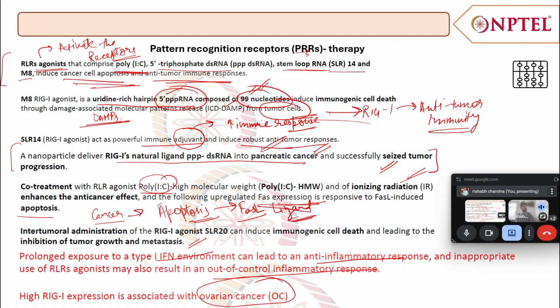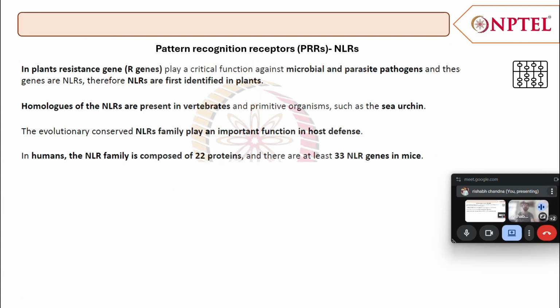Okay. Now we'll move on to the third type of receptors, that are nod-like receptors, or the NLRs. NLRs were first identified in plants as plant resistance genes. Those are called R genes in plants, and they had a critical function against microbial and parasitic pathogens.